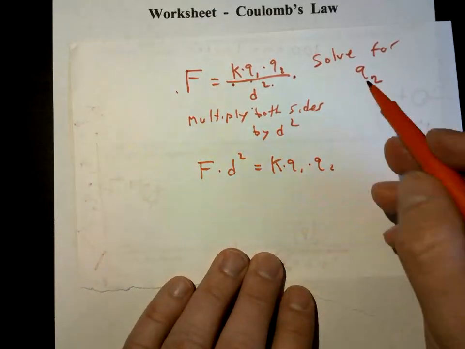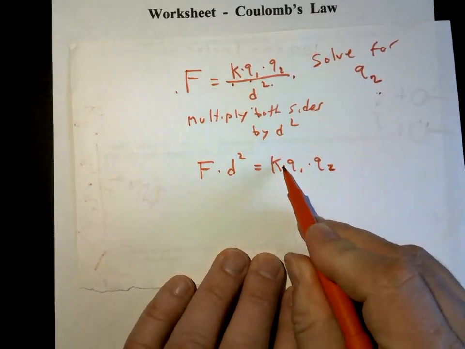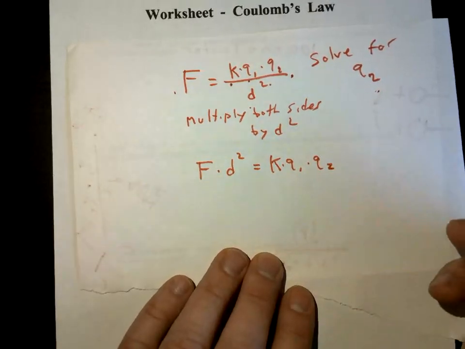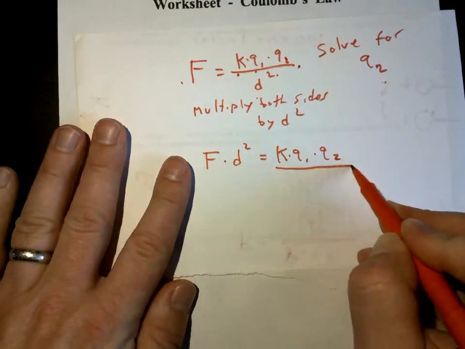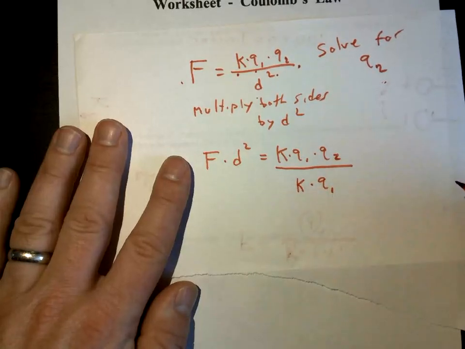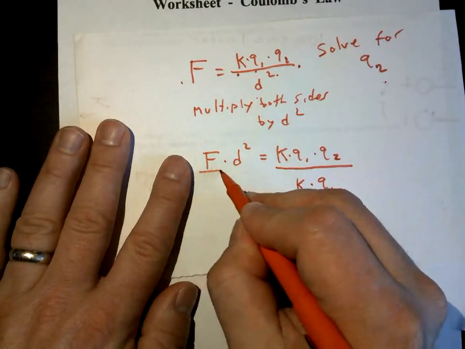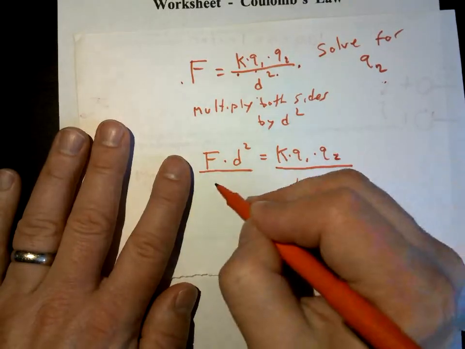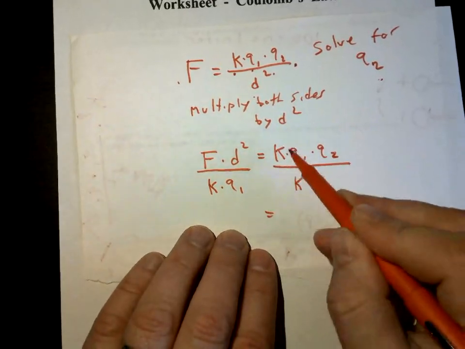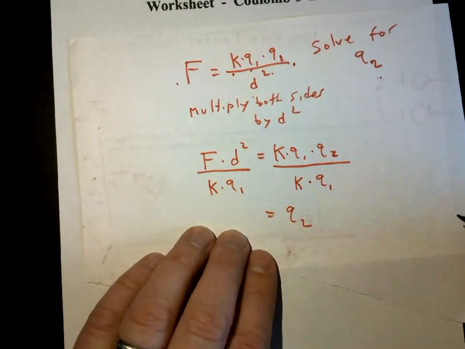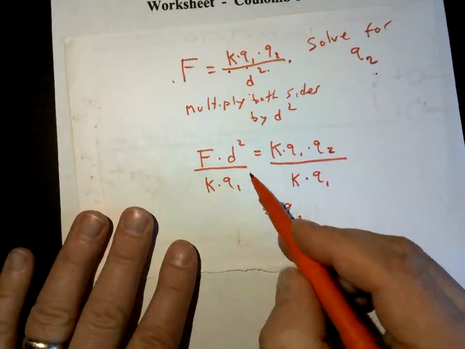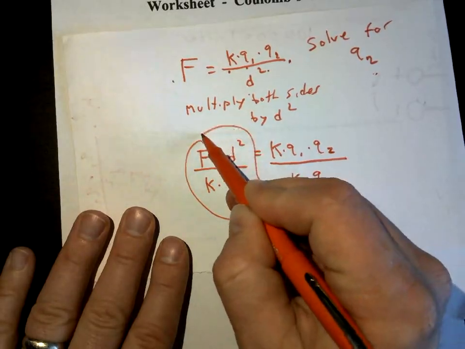I'm looking for q2, this one right there. I have all these multiplications, but I want this one to be left here. So I take a division and I take k away and I take q1 away, but what I do to one side I have to do to the other side. When you do that, these go away, because they cancel, and you get q2 equals this.